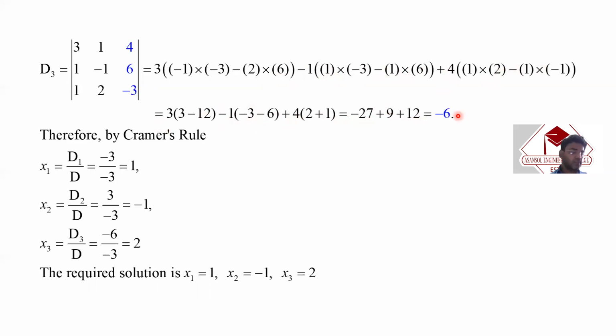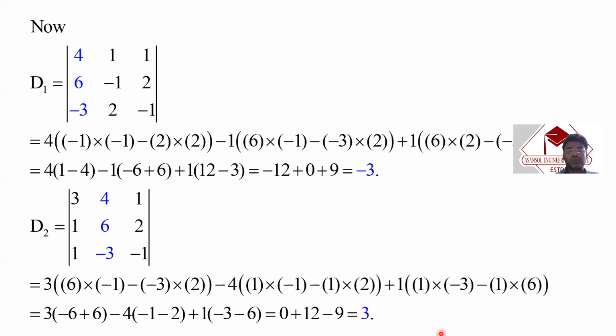Clear? By Cramer's rule already you know x1 is equal to D1 by D. What is D1? Minus 3. What is D? Minus 3. After simplification you have 1. That is our x1 value is 1. What is x2? x2 is equal to D2 by D. What is D2? D2 is equal to 3.